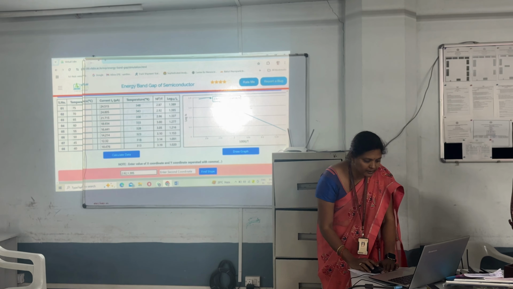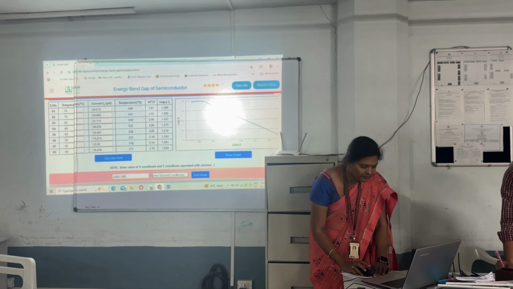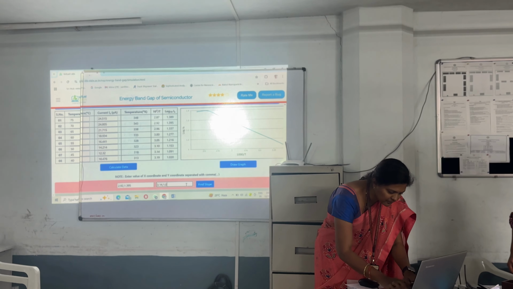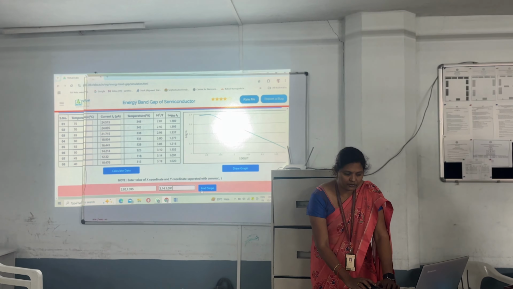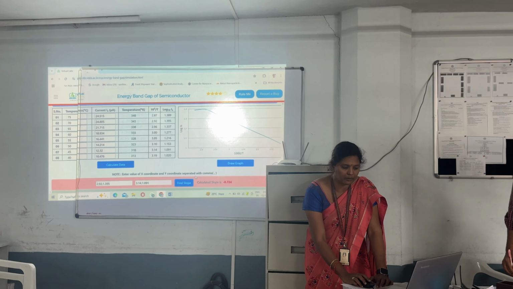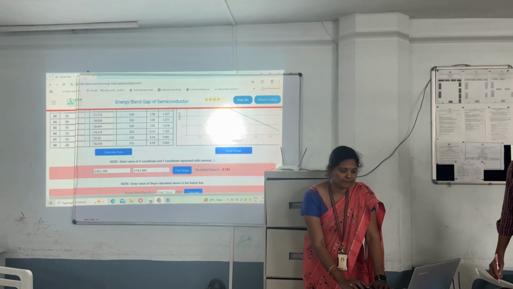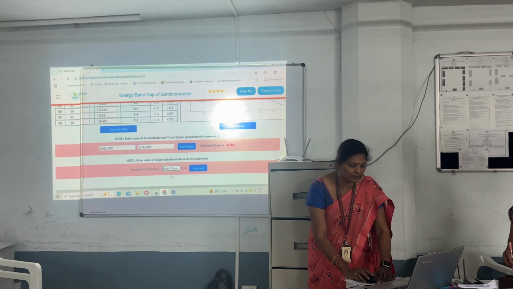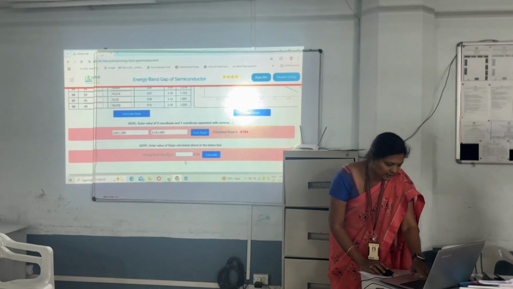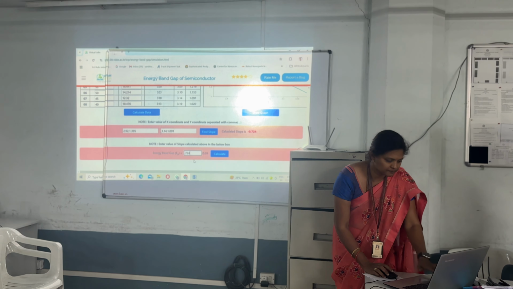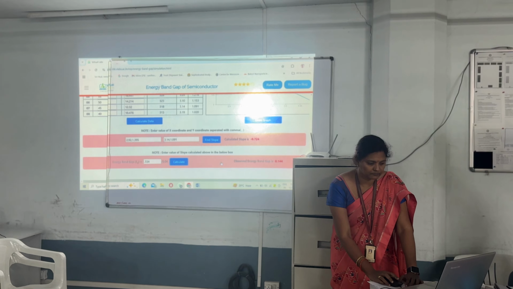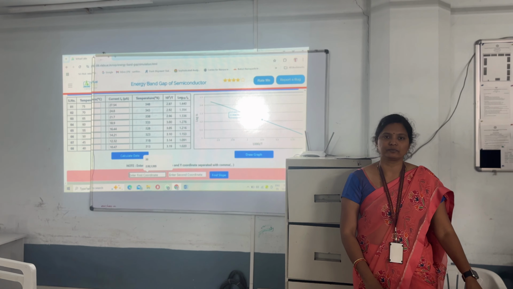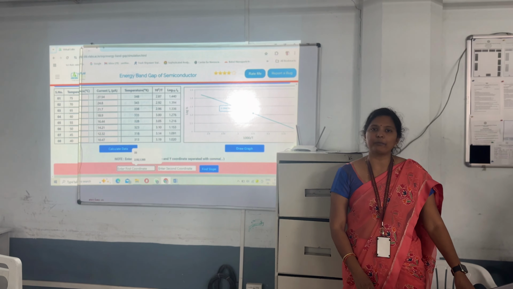I am entering the coordinates of x and y. If you simply click the option of find slope, you will be able to get the slope. If you enter the value of the slope in the given option, so we have plotted the graph.